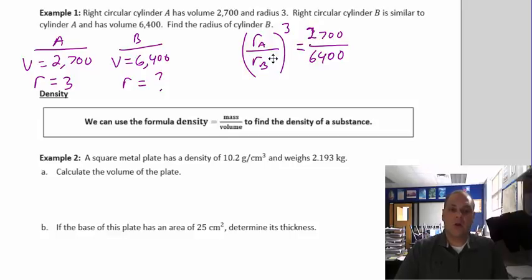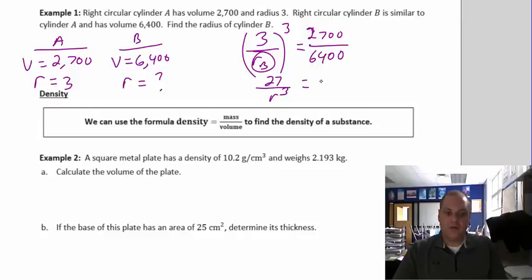Okay, so now I already know the radius of A, so I'm going to plug that in. It's going to be 3. So 3 cubed is going to be 27. So it's 27 over R cubed. I have to cube that, right? Equals 2,700 over 6,400.